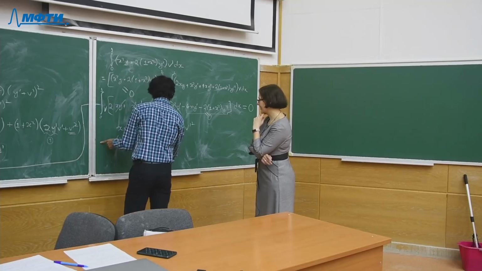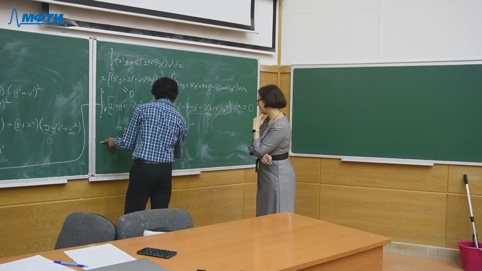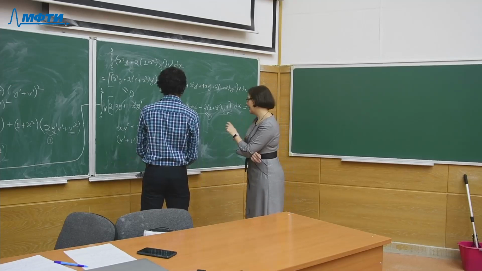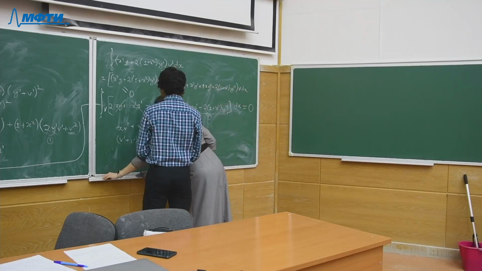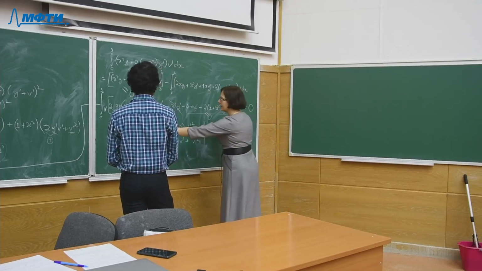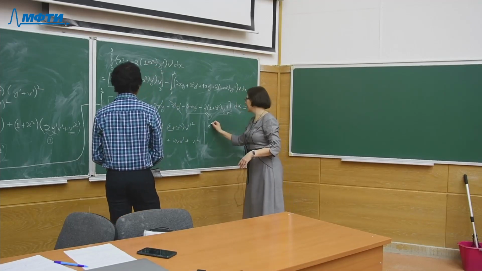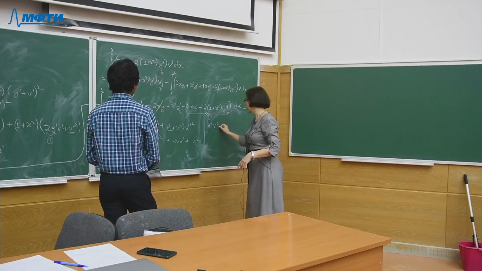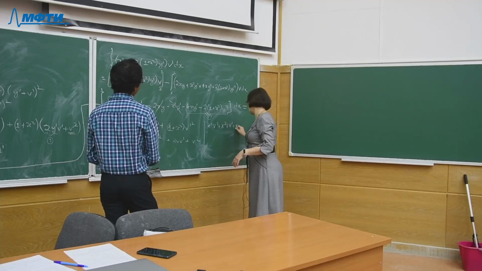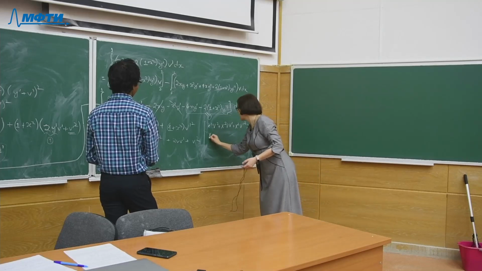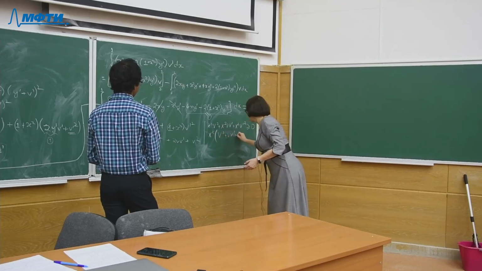Maybe to estimate this in some way. If we rewrite it as x squared v squared plus x squared v prime plus x squared v prime squared, it is always greater than or equal to 0, because this can be rewritten as v squared plus v prime plus v prime squared.